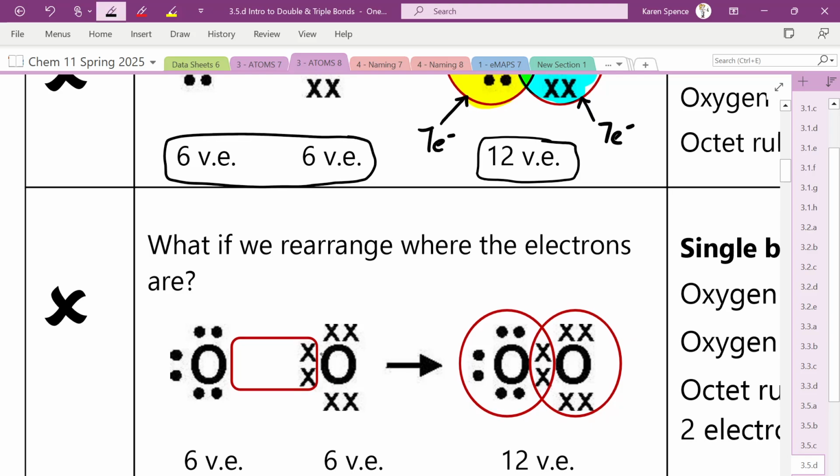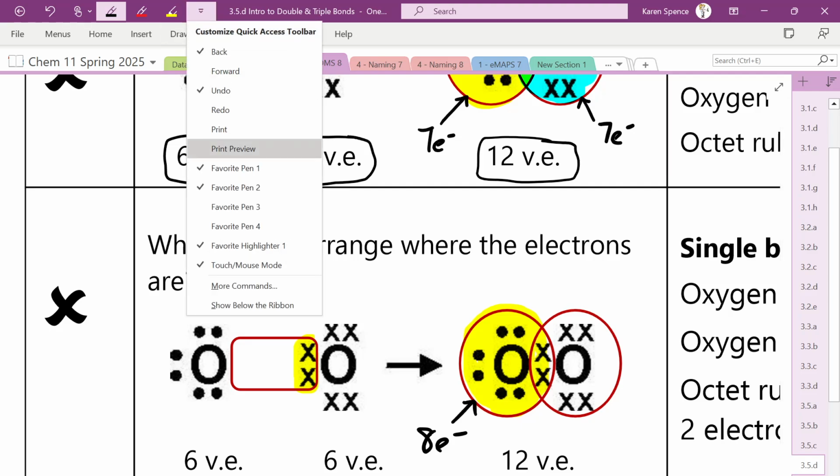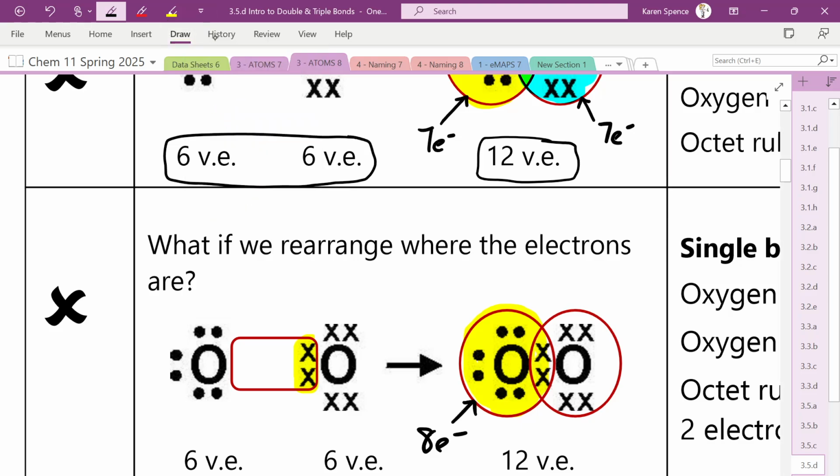Well, what if the left-hand oxygen shared both of his electrons with the one on the right? That would give the one on the right 8 electrons, but it would give the one on the left only 6 electrons. So that's a problem.